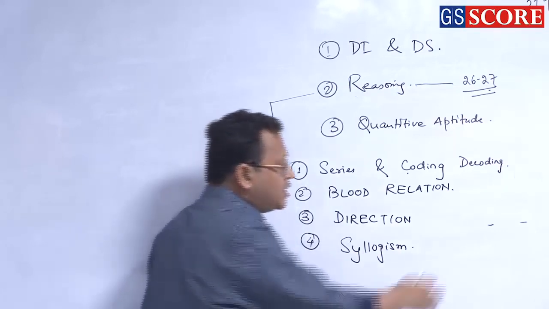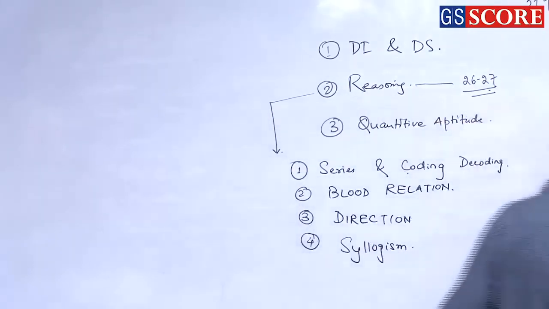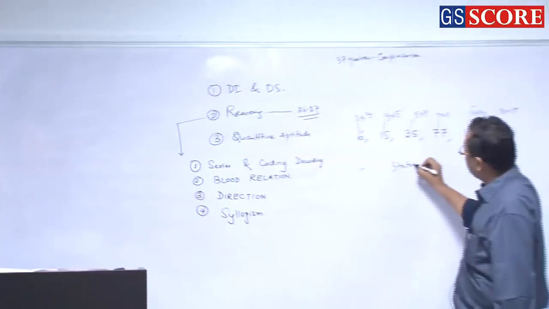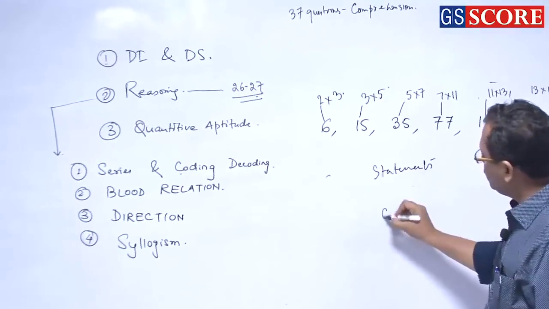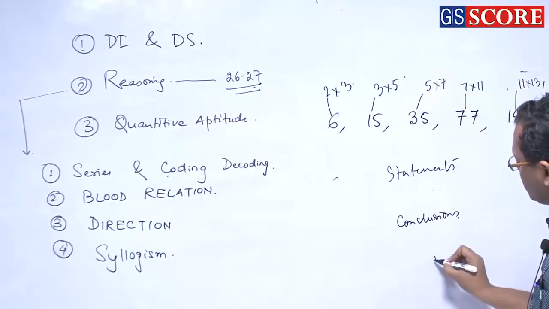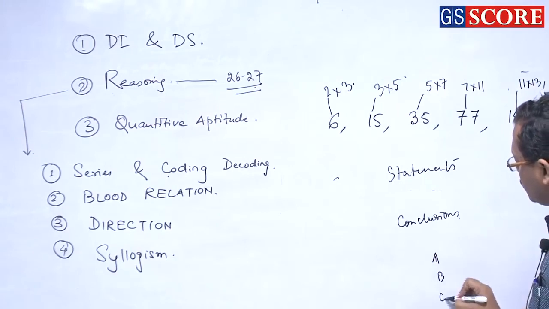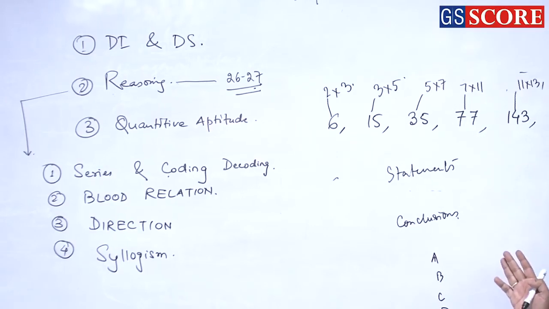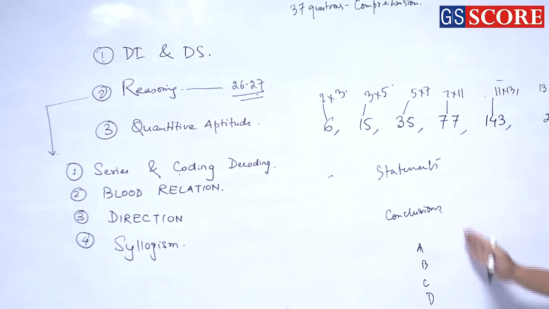There will be 1 or 2 statements followed by 2-3 conclusions, and the options will be something like this. Only conclusion 1 follows, 1 and 2 follow, 1, 2 and 3 follow, none follows. So questions on syllogisms come like this.